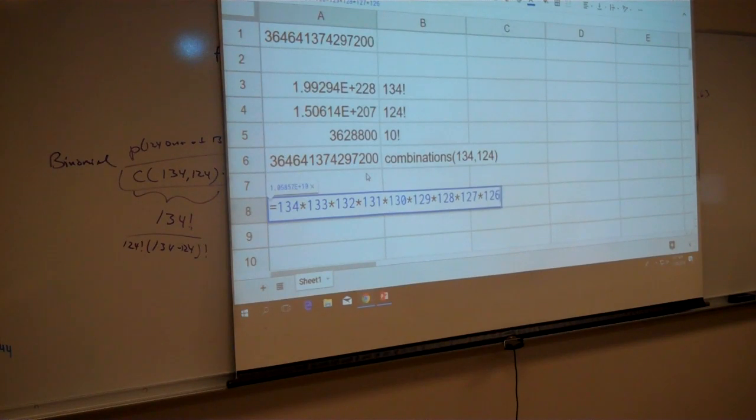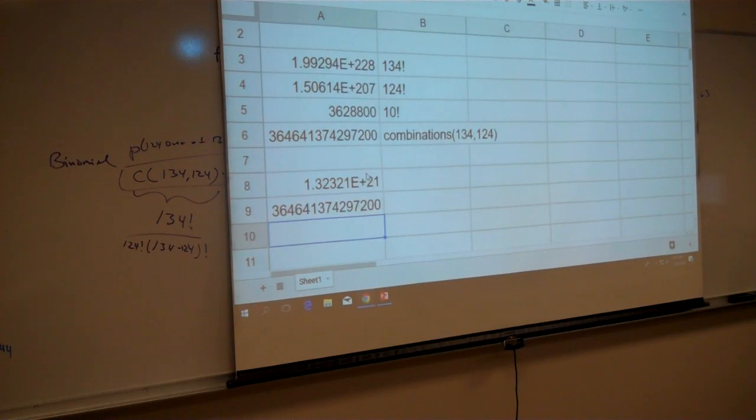I can even type times 125. It's a big number. And that's going to be divided by that 10 factorial number. And notice we get the same big number again. So there are lots of ways this could be made to work.